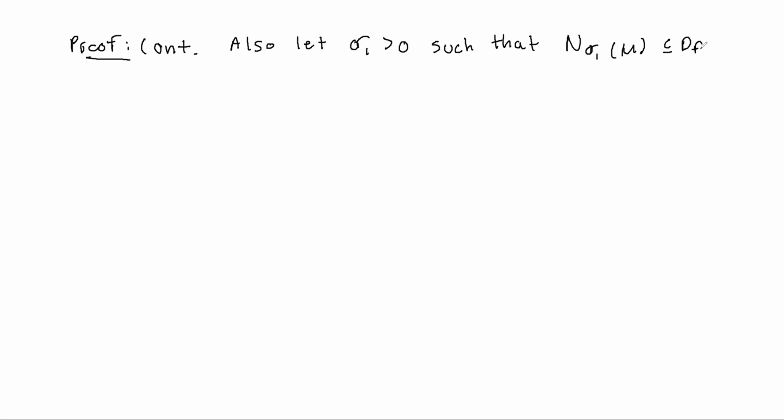What that means is we have this delta sub 1 neighborhood of mu such that all the elements in that neighborhood reside in the domain of f. So I'm going to let delta equal the minimum of the two, delta sub 1 and delta sub 2.